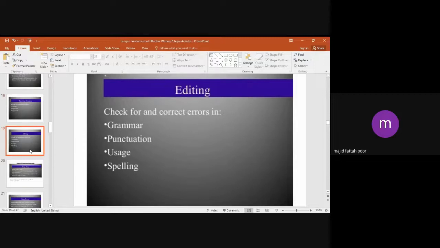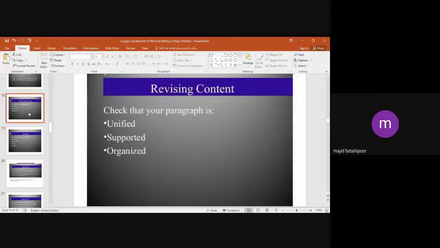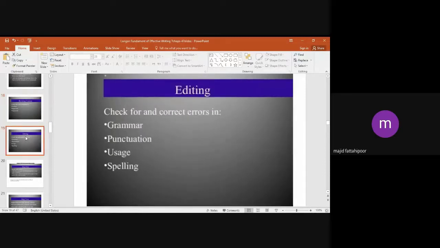When I say content, I mean the meaning of the paragraph. When I say editing about the errors, I mean focusing on the form of the paragraph, after meaning.